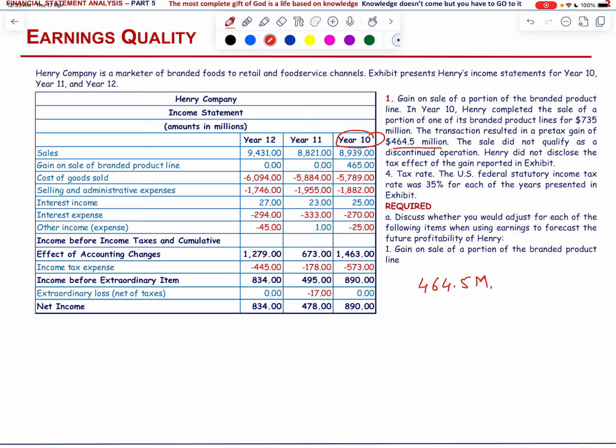Now, since the company didn't disclose the tax effect, we will apply the statutory tax rate, that is 35%. So 464.5 million times 1 minus 0.35 is equal to 301.925 million. So for forecasting purposes, we would adjust the year 10 net income by 301.925 million.